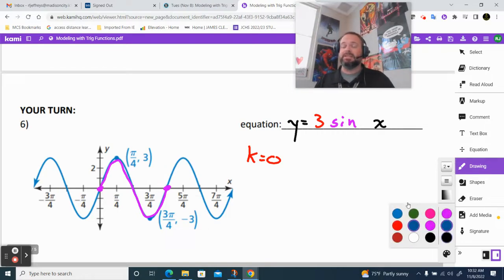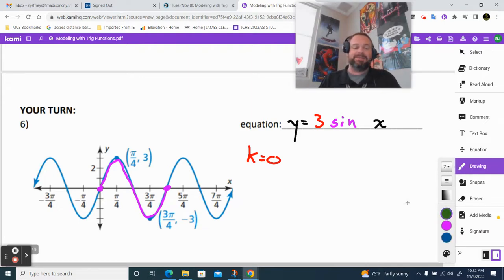Yeah, kind of. Something like that. All right, so this is pi over 4. This is pi over 2. All right, think about it. If this is 3 pi over 4, and this over here is 5 pi over 4, and there's a dot right in the middle, what does that have to be? It is not 6 pi over 4.